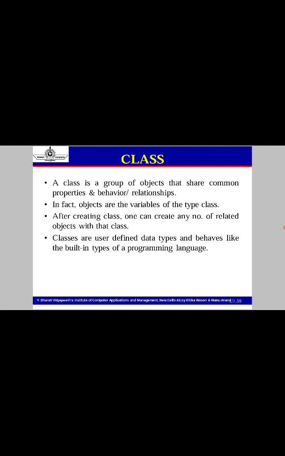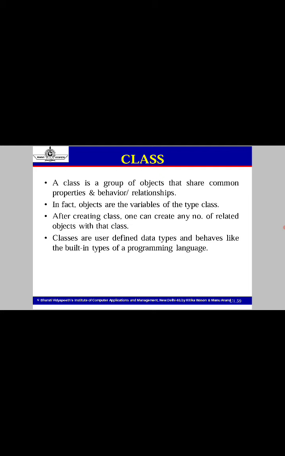So what is a class? A class is a collection of different members or objects. Different members and objects generally share all the properties and behavior of the relationships. What are objects? Objects are nothing but variables of classes, or instances of classes, or copies of the classes.